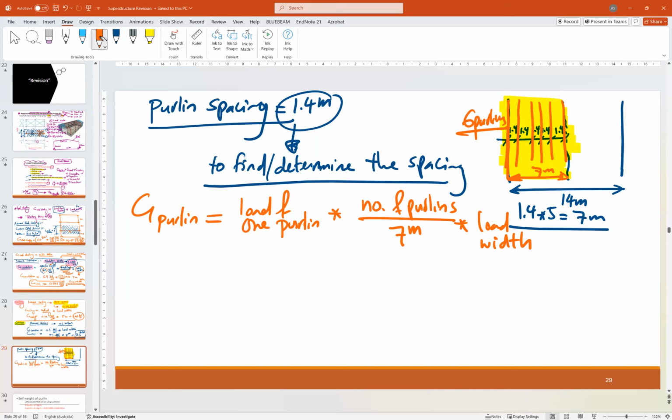If the section of the purlin is not given, we need to assume one. So what purlin will we be assuming?